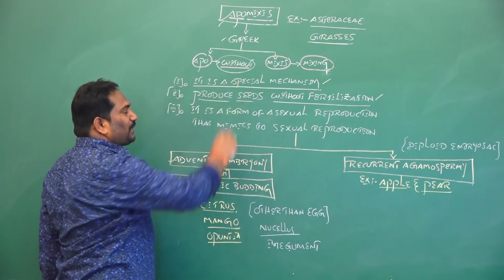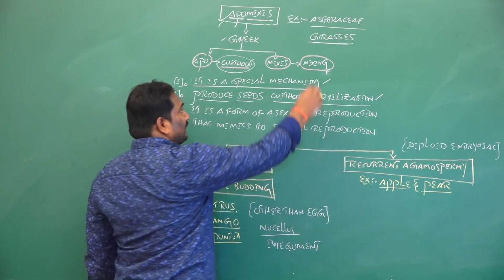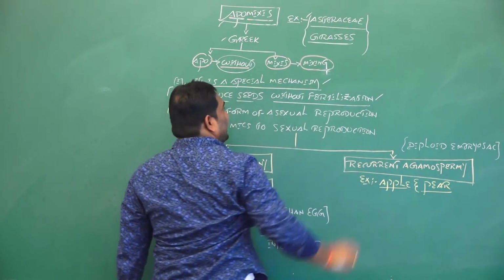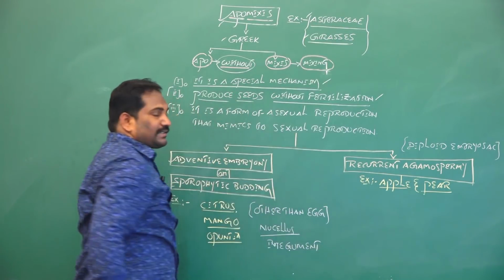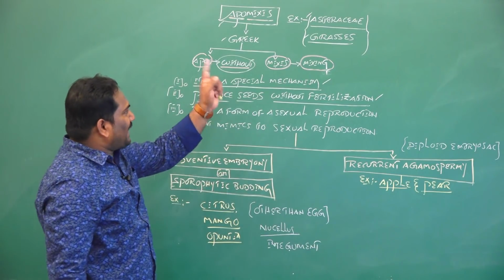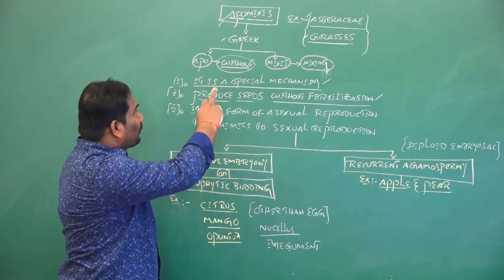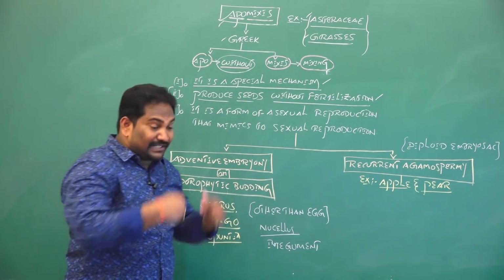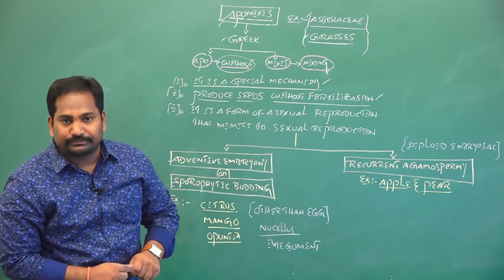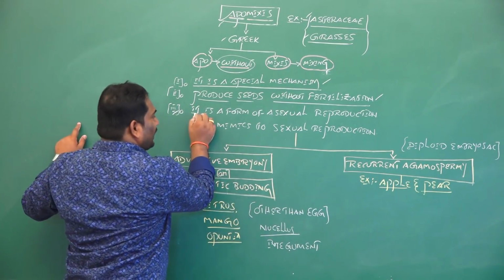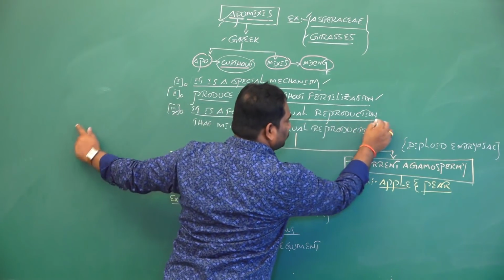Apomixis is a special type of mechanism. It is seen in families such as Asteraceae and grasses. In members of Asteraceae and grasses, we find this specialized mechanism, apomixis. During apomixis, seeds are formed without fertilization. It is a form of asexual reproduction.